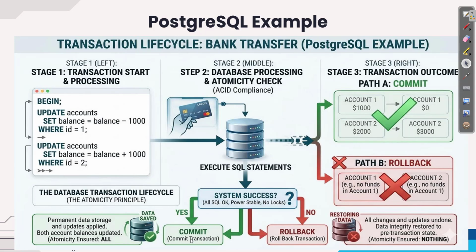Then account 1 is properly updated and account 2 is properly updated. If there is some problem for any reason, then we will use the rollback command. So all the SQL statements are rolled back, just as if no SQL statement was executed. So this is the PostgreSQL SQL example.